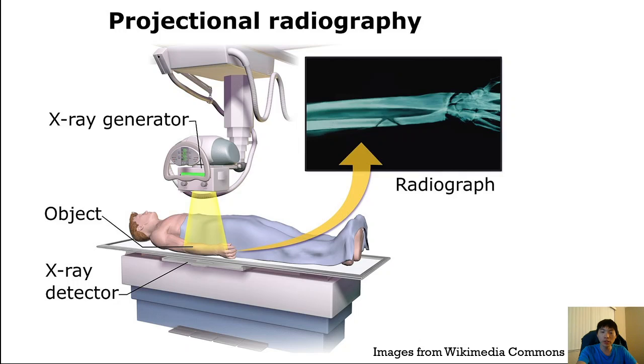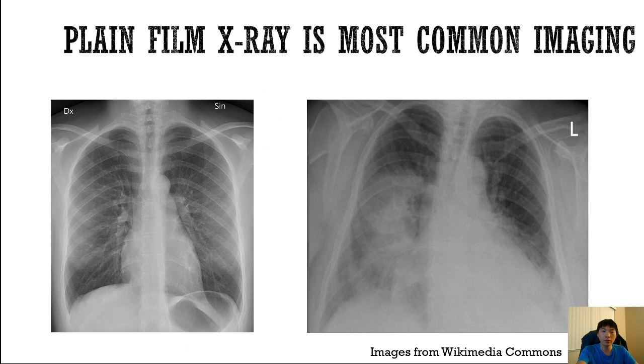Another common area, and perhaps one of the most useful and most commonly used imaging modalities in the clinic, is the chest plain film X-ray. So this is basically a projection through the patient's chest. What we see here are, of course, the rib cage, the bones.